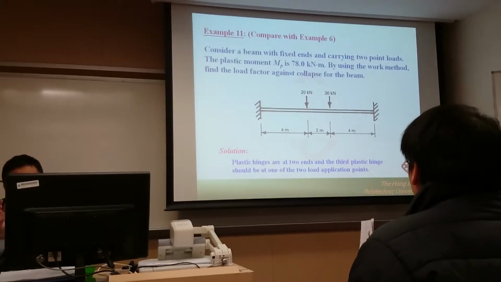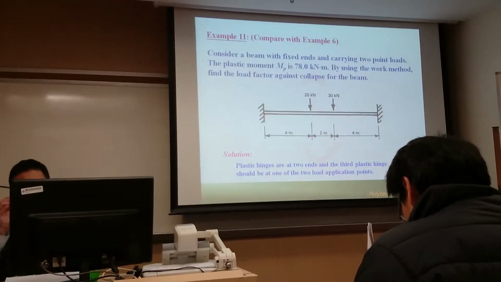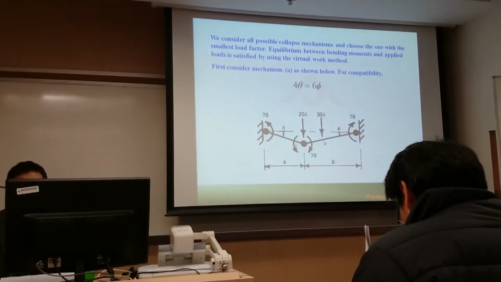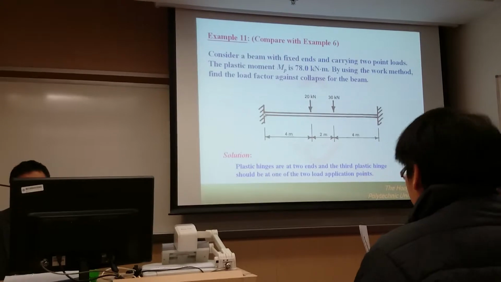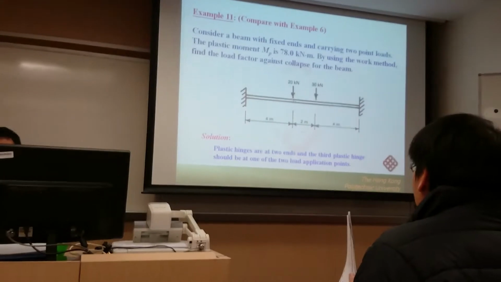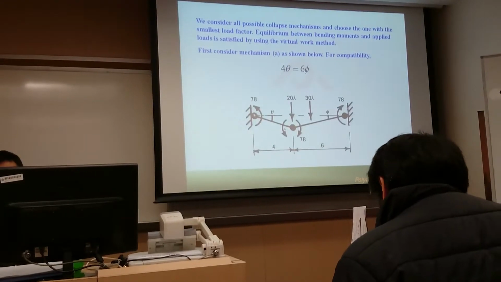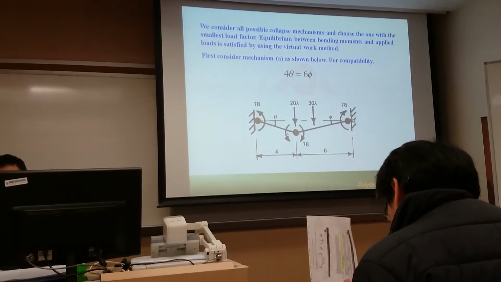So here I tried 2 combination cases. The first combination case is we assume the plastic hinge at the left end, right end, as well as the first force application location.